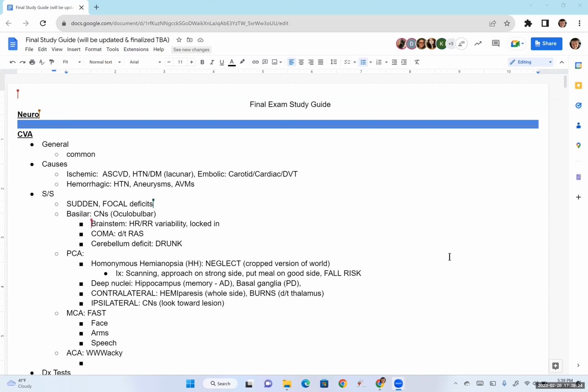Which ones? Is that your LABAs? Not your LABAs, but your LAMAs, right? You have your LAMAs and you have your SAMAs, right? So tiotropium and what's the short-acting one? Ipratropium, right? So those ones are short-acting, and they have side effects of dryness, right? Dry eyes, dry everything.